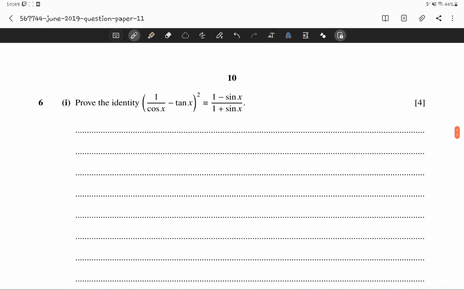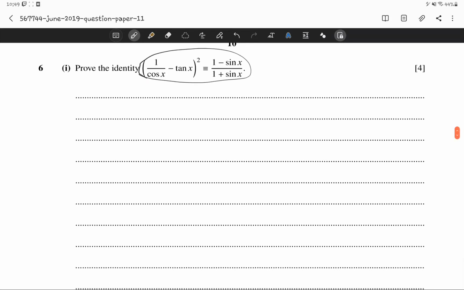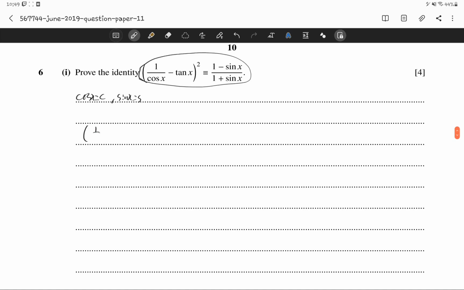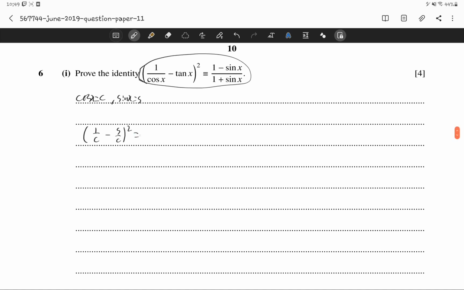Prove the identity. Okay, I don't know what that means, but I'm guessing it's saying why are these two the same. I'm gonna write cosine x as c, sine x as s. So 1 over, no, what am I doing? 1 over c minus s over c squared is 1 minus s over c squared.